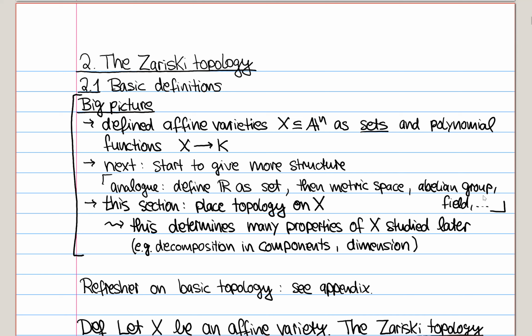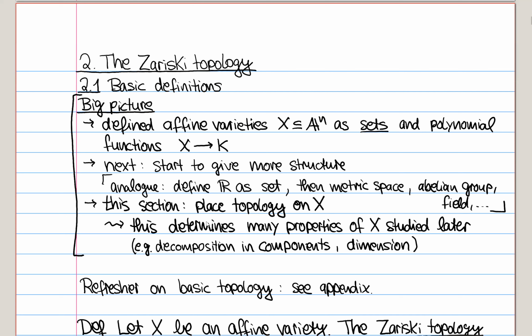Then you talk about how you can add them, so you make them into an abelian group. Then you talk about how you can also multiply them, so you make them into a field, and so on. So gradually you add more and more structure to this thing. And this is what we're going to do with affine varieties.